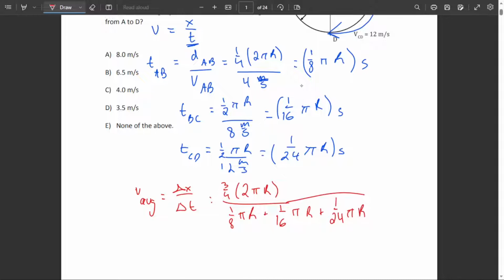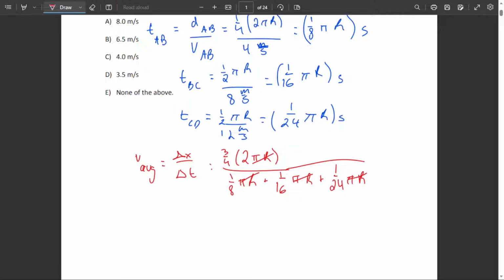And so, on the top we have pi r. Every term on the bottom has pi r, so this all cancels out. So then, average velocity, on top we have 6/4. On the bottom we have 3/24 plus 1/24.